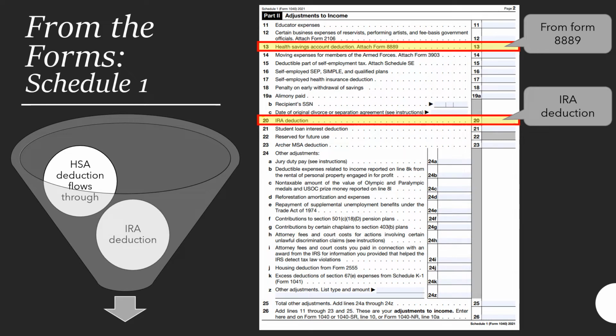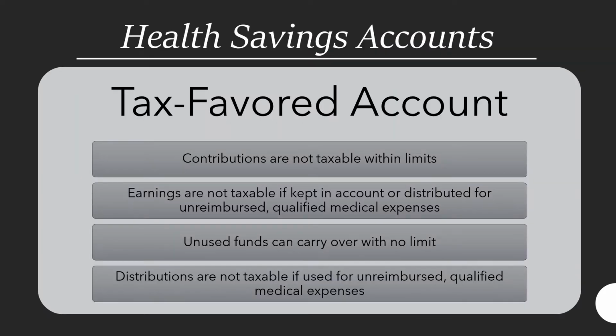And then line 20 is for the IRA deduction. So again, our health savings account is a tax-favored account. It's a very tax-favored account. The contributions to that account are not taxable as long as they are within the limits.